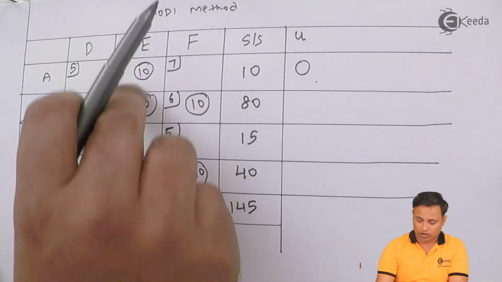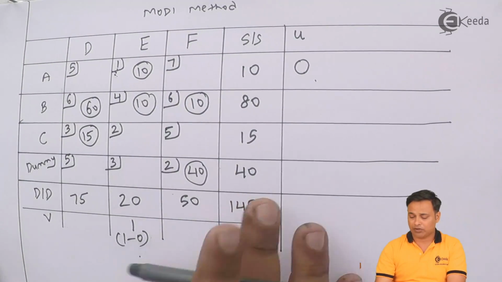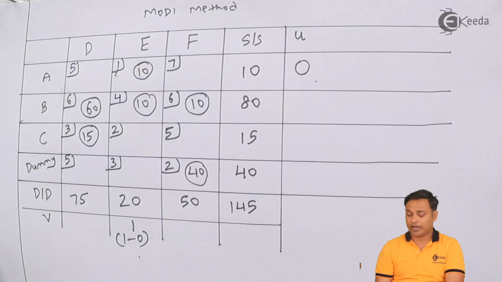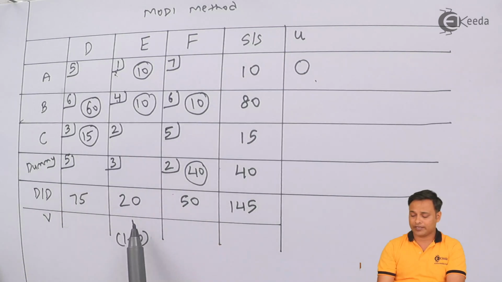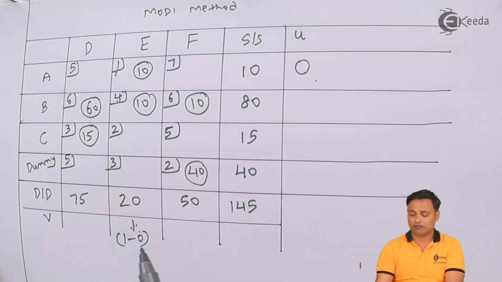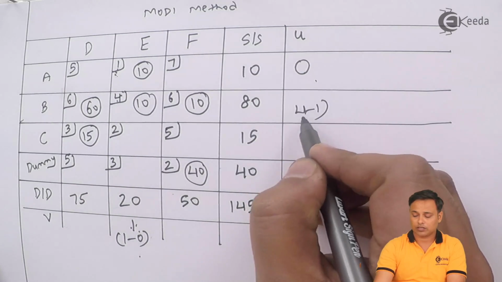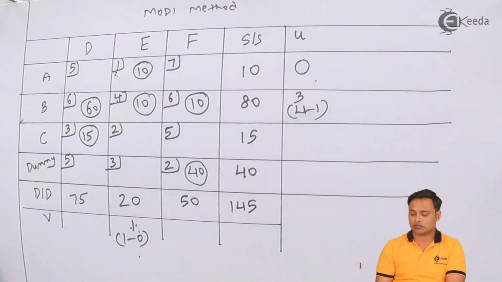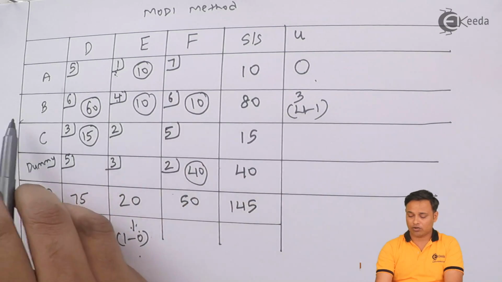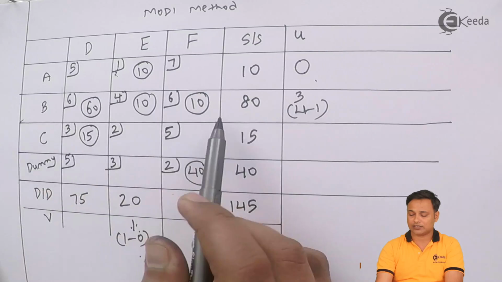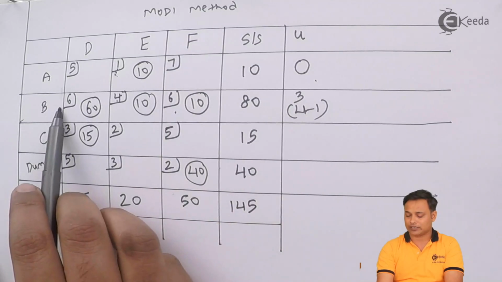In this particular column, my other occupied cell is 4. So 4 minus 1, that is cost minus V, will give me U, which is 3. Then again in this second row there are two more occupied cells, 6 and 6.